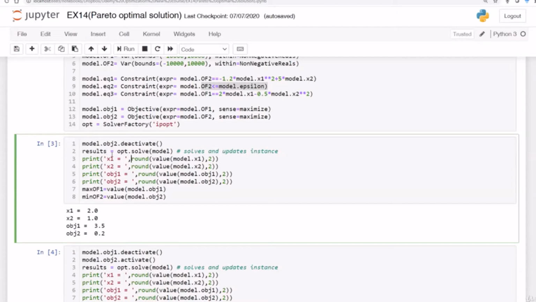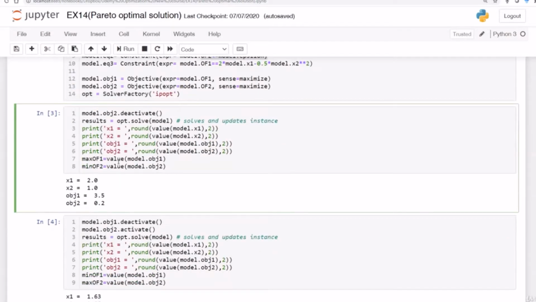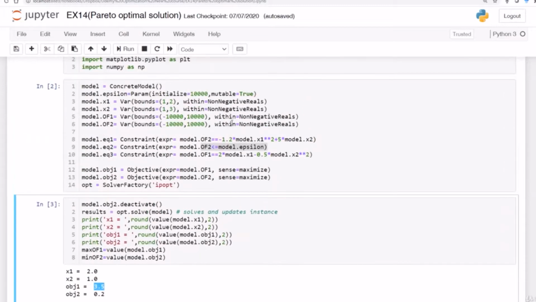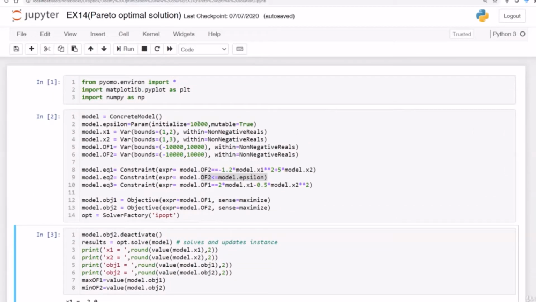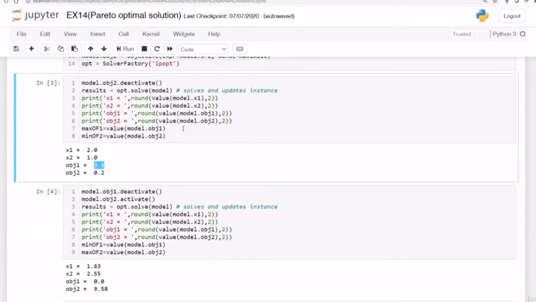So what objective is being optimized? This is the active objective, objective 1, which is OF1. So it is solved. In this way, the maximum value of OF1 is found. Okay, and how much is the epsilon at the beginning? It's a very big number, you see. So actually there is no limit happening here.